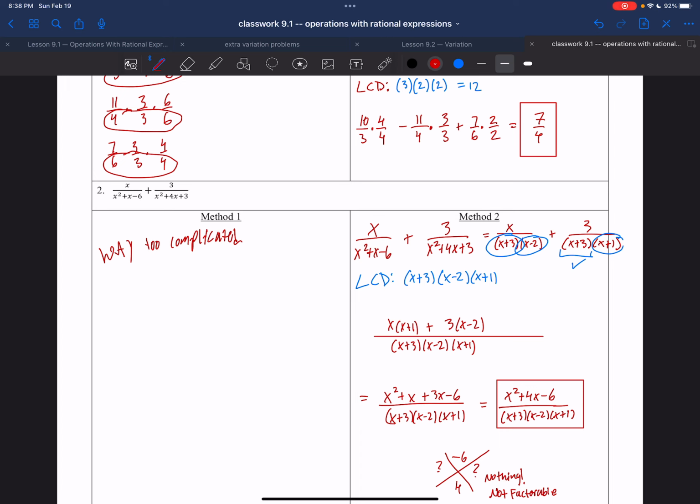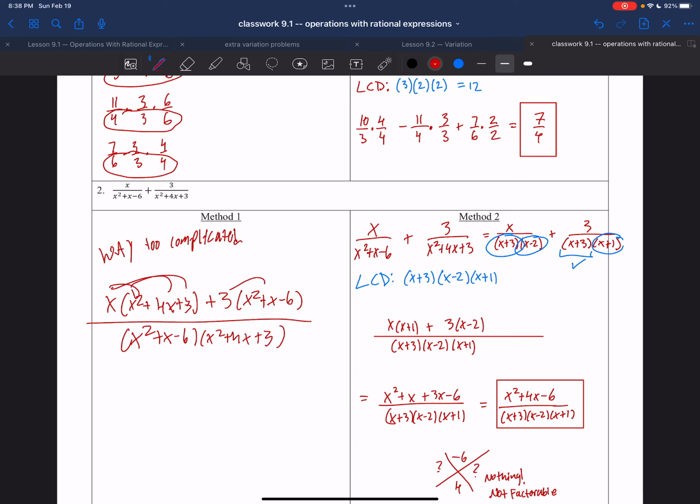Because you're basically going to do x times (x squared plus 4x plus 3), that's the other denominator, plus 3 times (x squared plus x minus 6), all over (x squared plus x minus 6)(x squared plus 4x plus 3). And then you distribute all of this, you're going to get a cubic polynomial that is not factorable unless you use the rational root theorem. And I'm telling you, it's just too complicated.